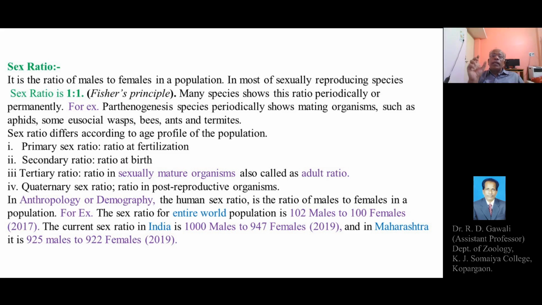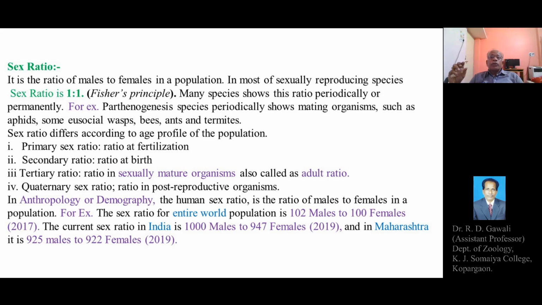This is the number from a survey of 2017. The current sex ratio in India is 1000 males to 947 females. This is the number from the survey of 2019.